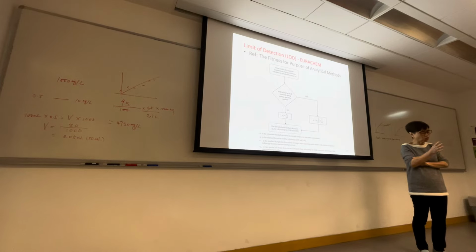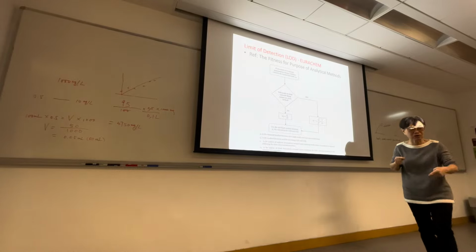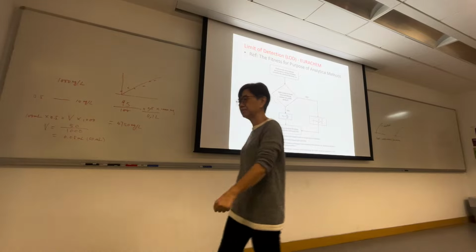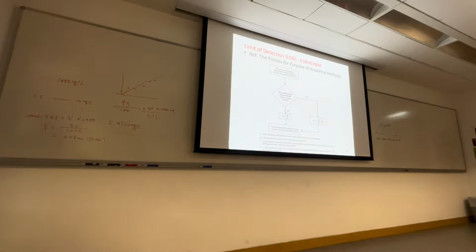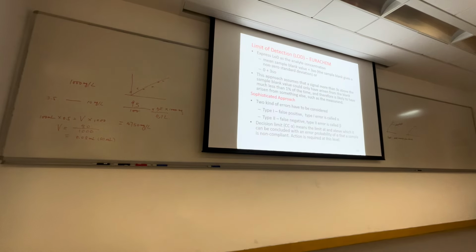But normally, we don't correct the blank. The calculation will be totally different. I will give you an example so you will understand more, okay? But first of all, understand the concept of N and NB and what S0 and SB are.